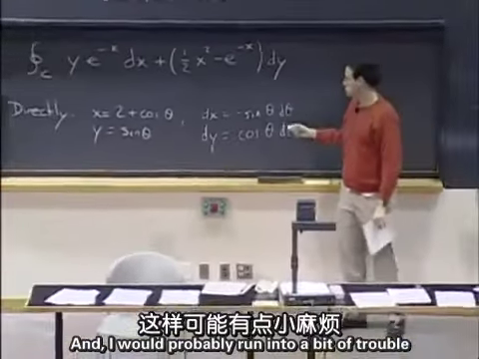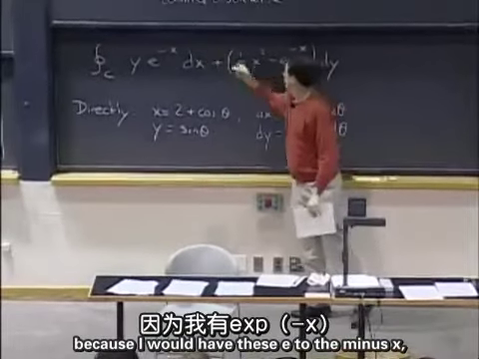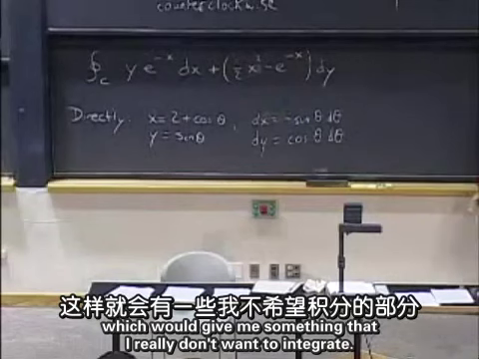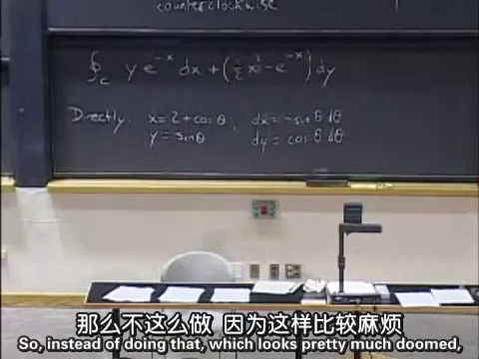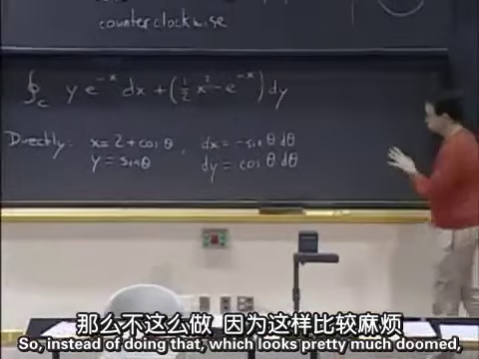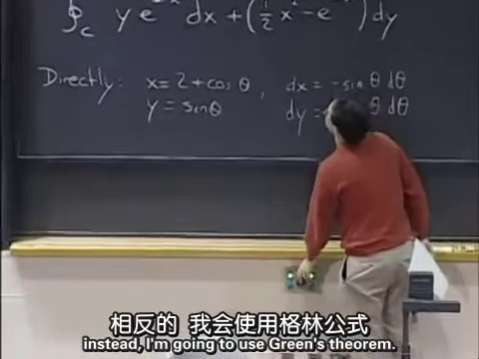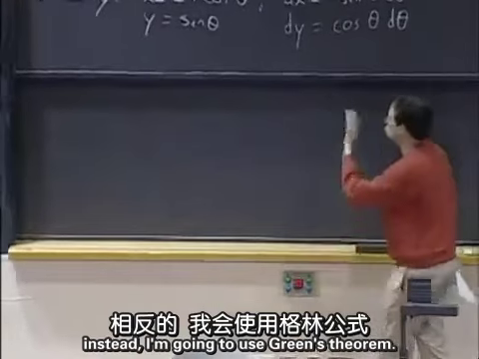And I would probably run into a bit of trouble because I would have these e to the minus x, which would give me something that I really don't want to integrate. So instead of doing that, which looks pretty much doomed, I'm going to use Green's theorem.